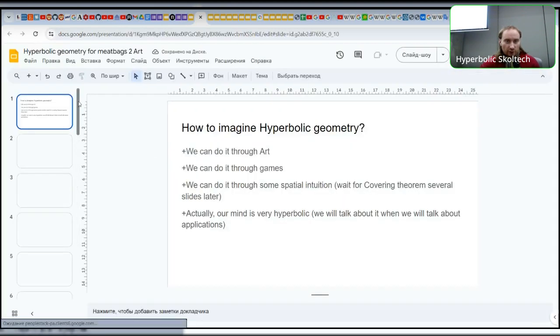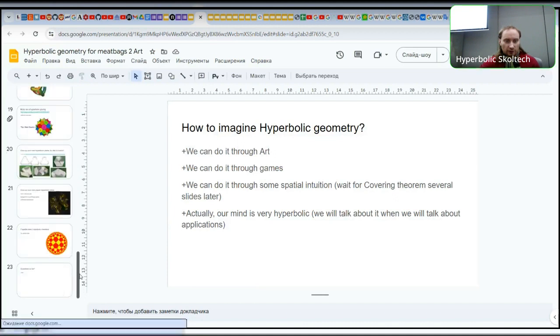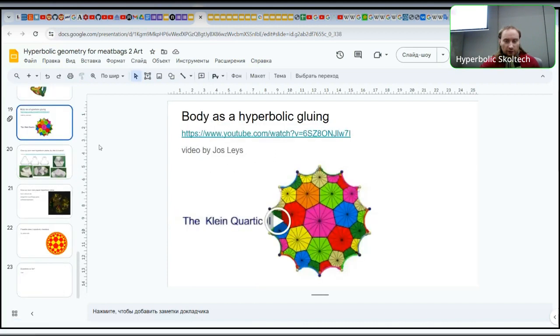The idea here is that you can glue some bodies, some manifolds, from parts of the hyperbolic plane, and then consider it as a local hyperbolic manifold. This is what I showed you here while gluing this surface from this polygon. And this was actually an example of a hyperbolic manifold.